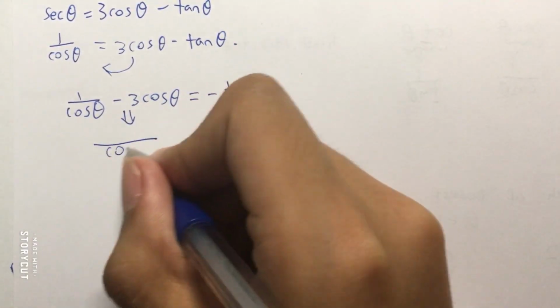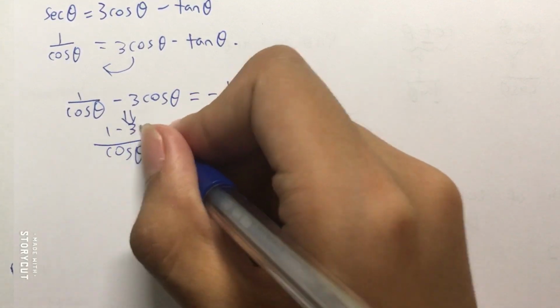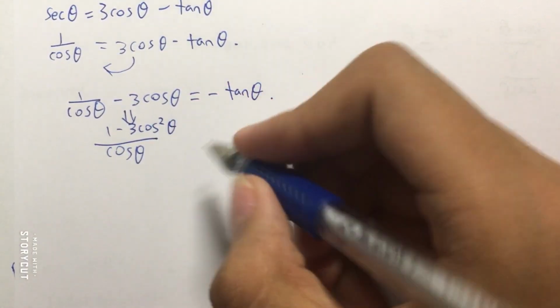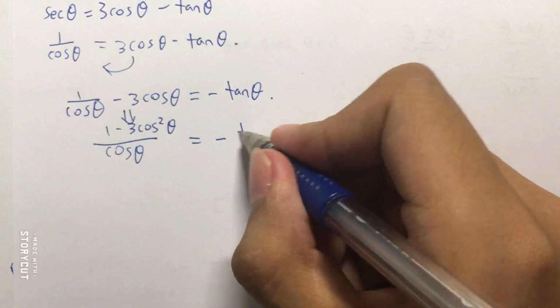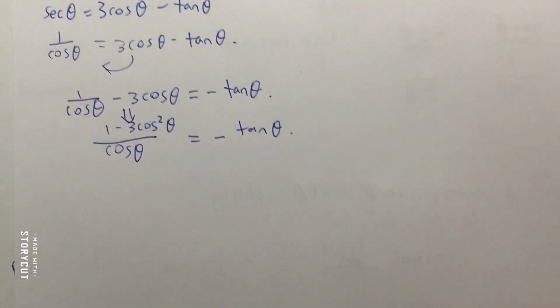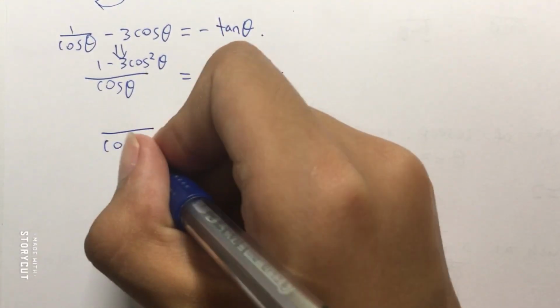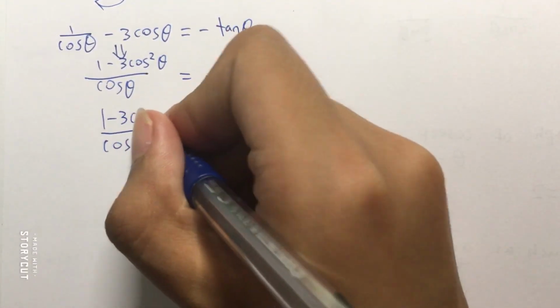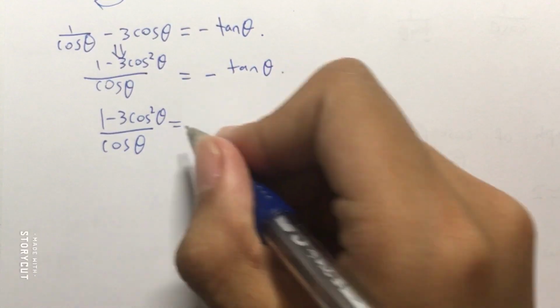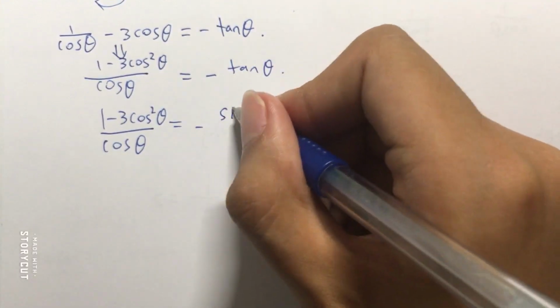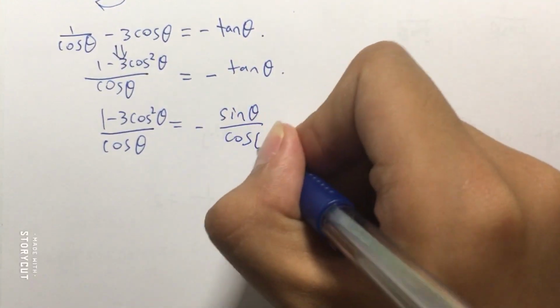And this is equal to cosine theta times (1 minus 3 cosine squared theta) equals negative tan theta. And this is cosine theta times (1 minus 3 cosine squared theta) is equal to negative sine theta over cosine theta.